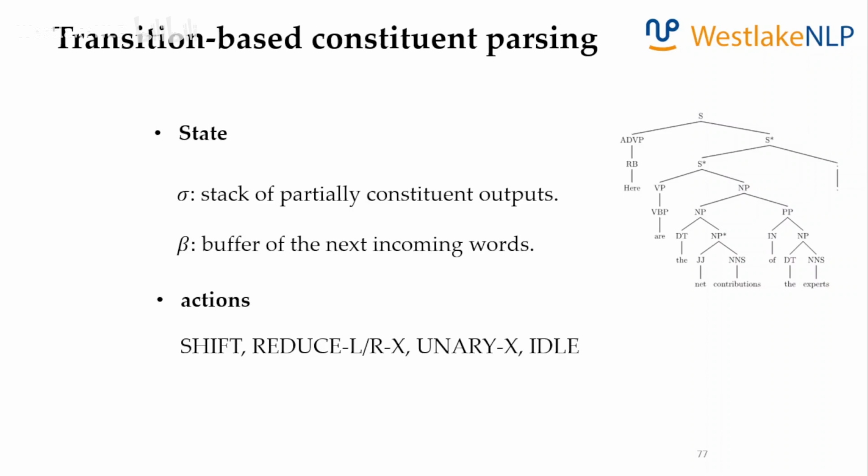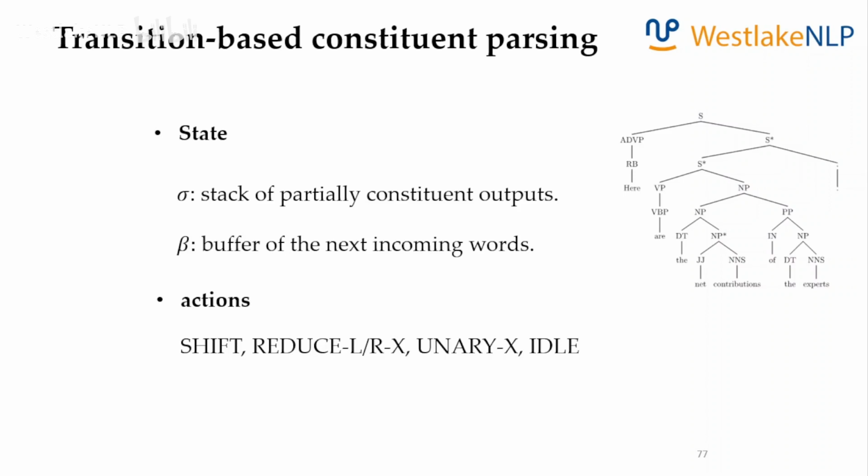So the first one, okay, suppose you have a sequence of words, each assigned a part of speech on the buffer. You want to build a tree, okay? The first one is shift. You move the first word from the buffer onto the stack. Next action could be shift. Next action again is shift. Now 3 words are on the stack.